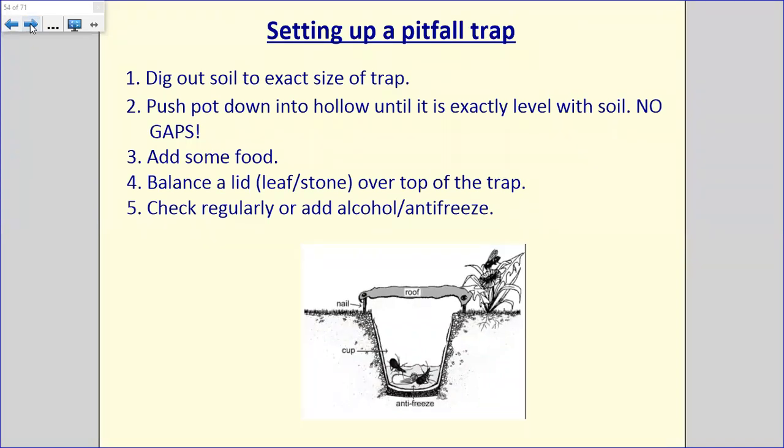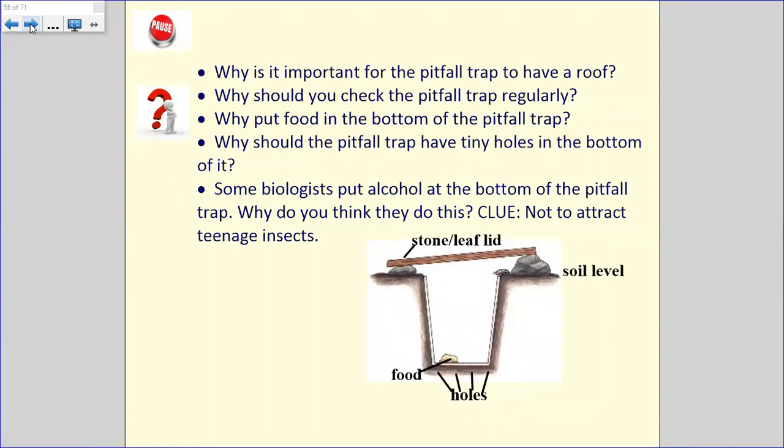I'm not going to go through them all, but pause the video if you need to. What I want you to do, though, is have a think about these questions. Have a think about why the pitfall trap is set up the way it is. So pause the video, have a look at the questions, and then we'll run through the answers.